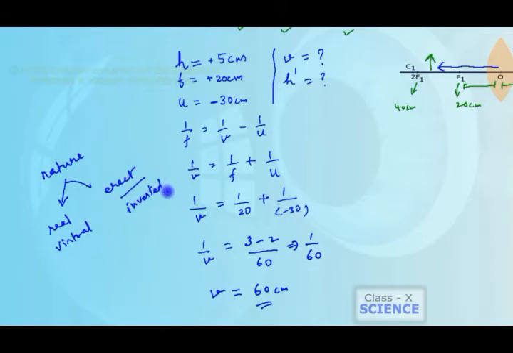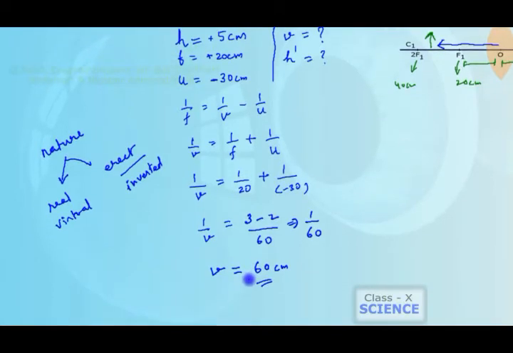This thing we have to find, right. So, the value of plus indicates that the image is formed on the right hand side of the lens. So, any image which is formed on the right hand side of the lens is considered to be real image. So, from the value of v, we can say that the image so formed is real. So, nature of image we have found out as real image.